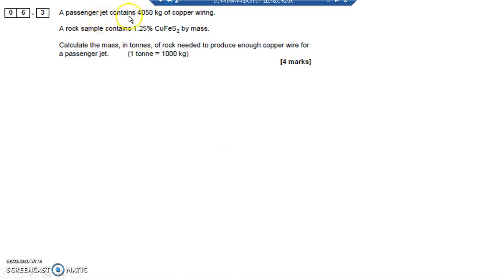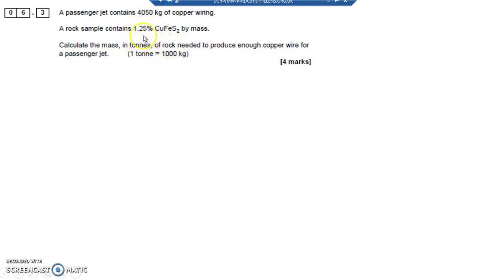A passenger jet contains 4050 kilograms of copper wiring. A rock sample contains 1.25% CuFeS2 by mass. Calculate the mass in tons of rock needed to produce enough copper wire, i.e. 4050 kilograms for a passenger jet.